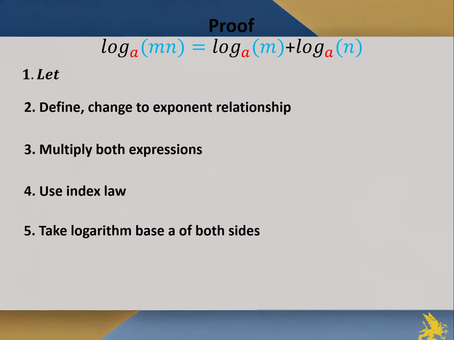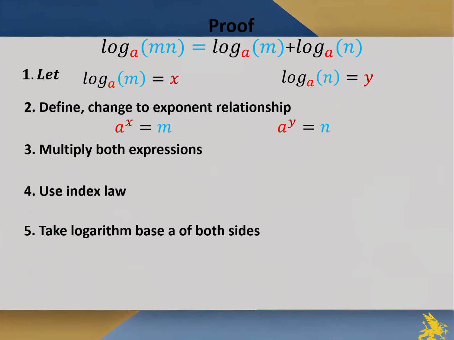If I wanted to prove it, I'm just going to make log base a m equals x and log base a n equals y. We're going to define this relationship in an exponent. So we're going to change it to a to the power of x equals m and a to the power of y equals n.